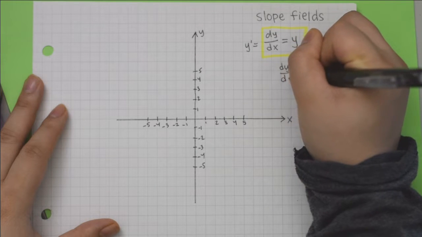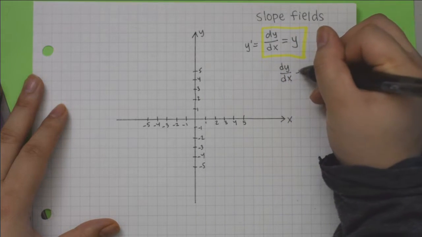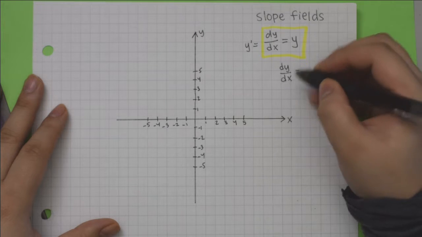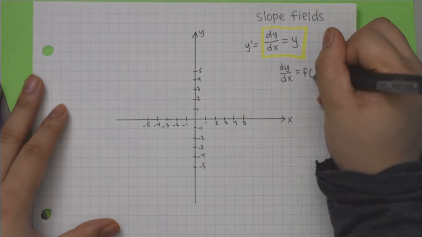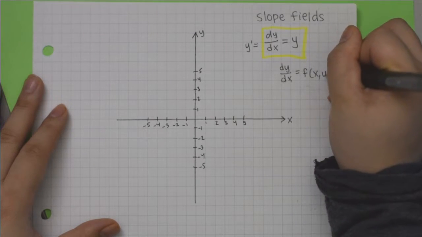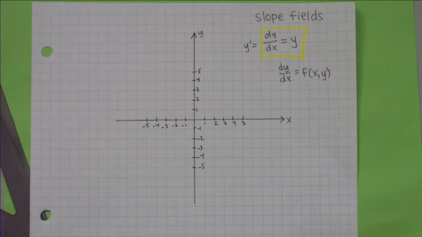So in general, slope fields will help us visualize what's going on when we have dy dx equals some function of x and y.